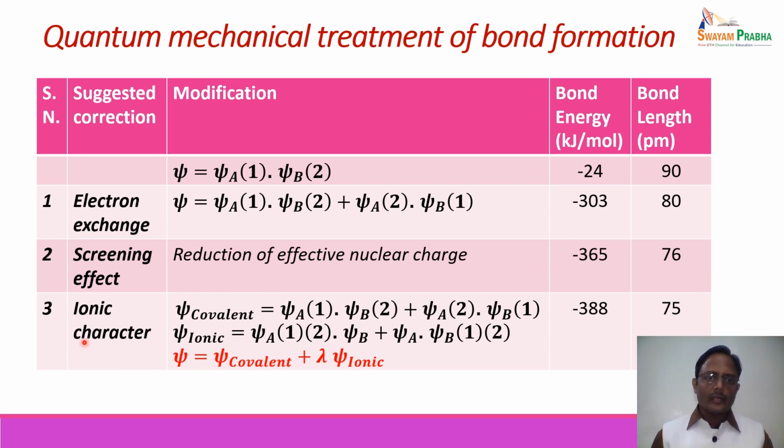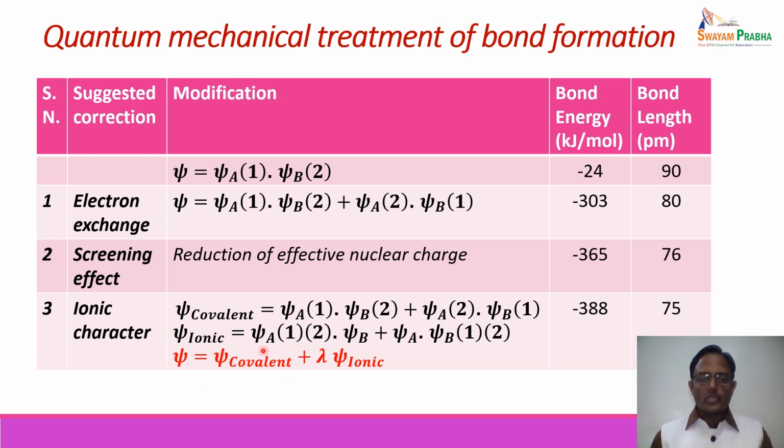And when the ionic character concept was introduced, we can see that psi covalent is equal to psi A1 psi B2 plus psi A2 psi B1, and the ionic wave function is given by psi A1² into psi B plus psi A into psi B2². So two electrons are present near A, two electrons are present near B, and when these two are combined together, the resultant wave function becomes psi is equal to psi covalent plus lambda times psi ionic. This lambda is called the mixing coefficient of these two probabilities.